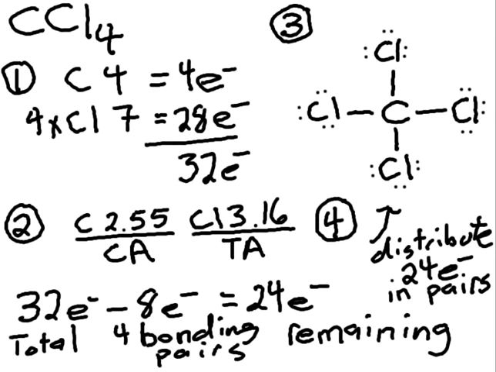the octet rule. The fifth step is to determine if each atom in the structure contains an octet by counting the number of pairs associated with each atom. Each bonding pair shared between atoms is counted as a pair for each atom on the bond. In this case, the carbon atom is surrounded by 4 pairs. The carbon has an octet.